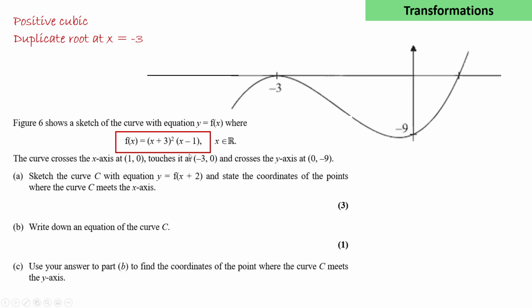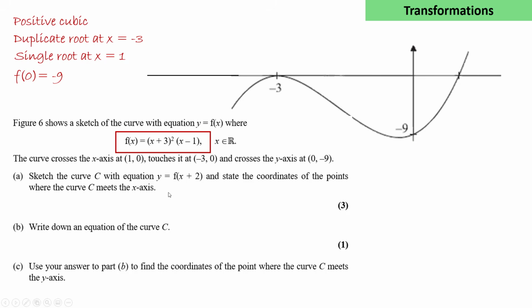It has a duplicate root where x equals minus 3, which is why the hump of the curve touches the x-axis at minus 3. It has a single root at plus 1, which is why the curve cuts the x-axis at x equals 1. Substituting x equal to 0, we get f of 0 equals minus 9, which is why the curve cuts the y-axis at minus 9.